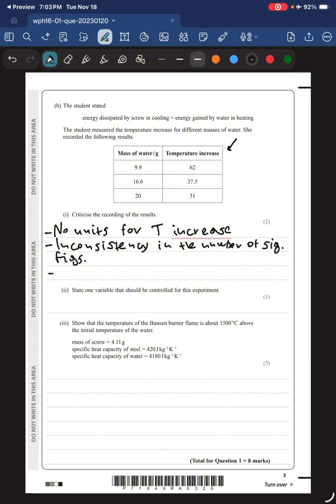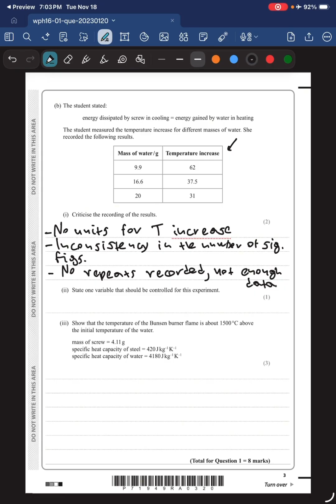Okay, no repeats recorded. That's another problem. And not enough data.